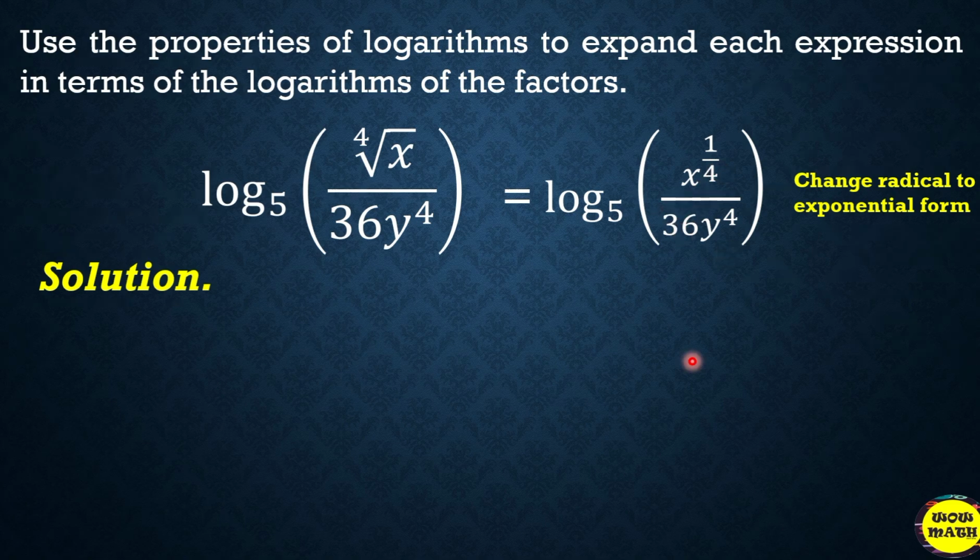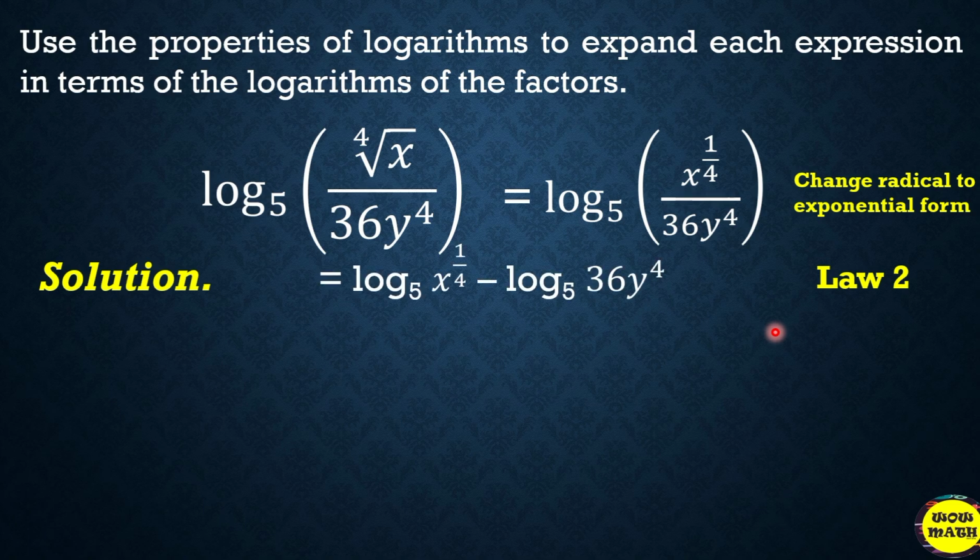And after that, so anong una natin gagawin? So, apply muna natin yung the logarithm of quotient. So, that is what? Subtract logarithm of x raised to 1/4 with base 5 minus logarithm of 36y to the 4th power with base 5.